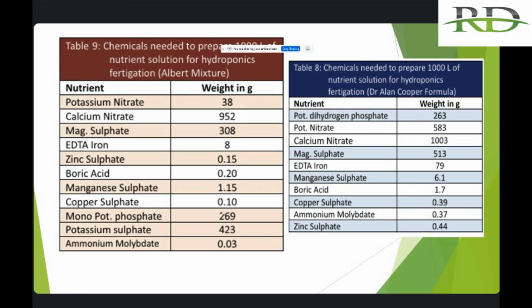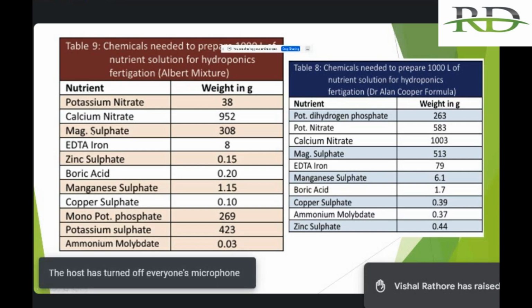So now how can we prepare these nutrients? These are the chemicals. The most widely used nutrient solution is the Hoagland solution. Okay, here I have not given, but other examples are the Albert mixture and Dr. Alan Cooper formulas. See here, all the nutrients are there: potassium, calcium, magnesium, iron, zinc, all those things.